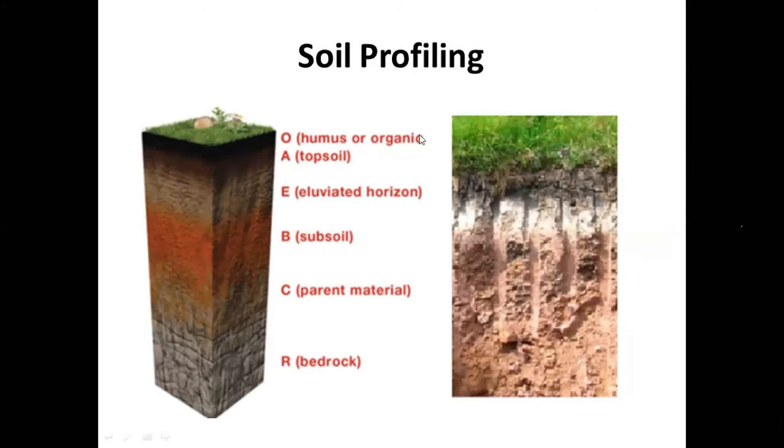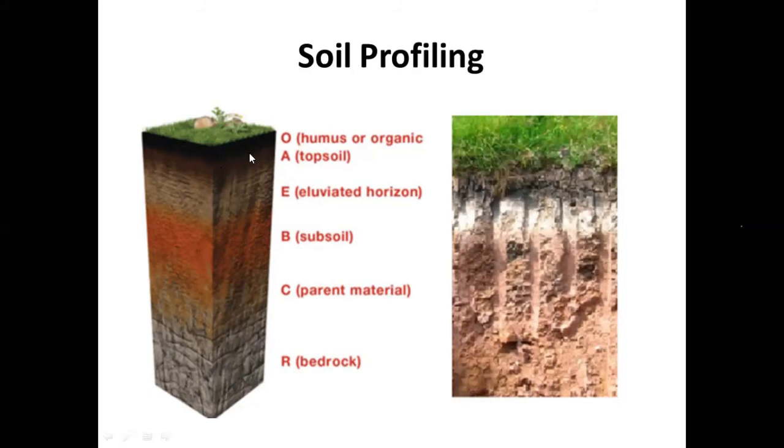This is organic material, and beneath the O horizon there is the A horizon, which we know as topsoil. Topsoil is a combination of minerals and decomposed organic matter. There we also find the parent material, minerals and organic matter, and this defines the fertility of the soil.